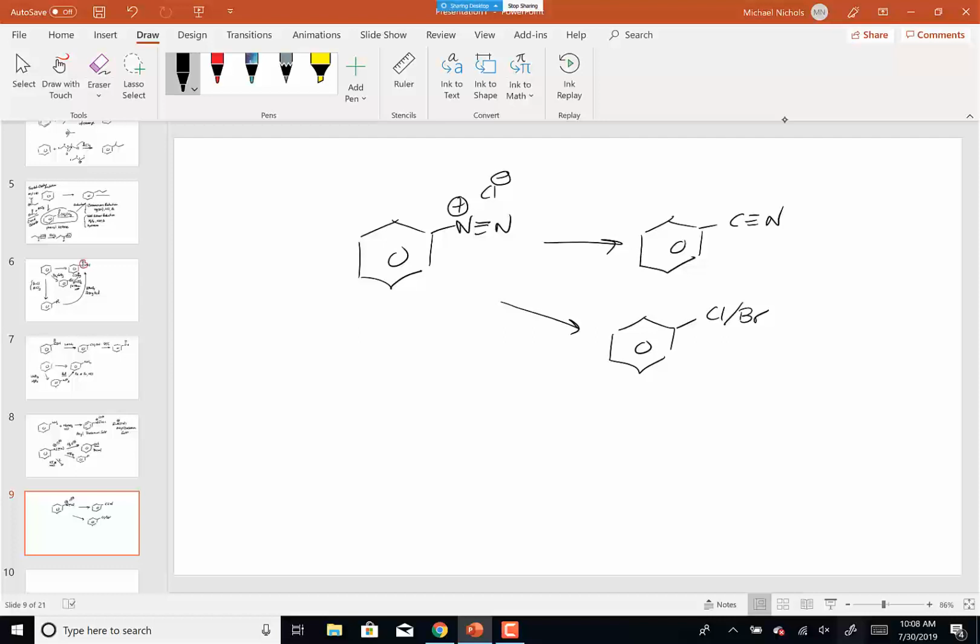These are called Sandmeyer reactions, because the way to do this is to add a copper salt, a copper 1 salt. In other words, copper cyanide or copper chloride or copper bromide. So if you use a copper salt with the diazonium salt, you'll end up adding the C triple bond N or the Cl or Br.